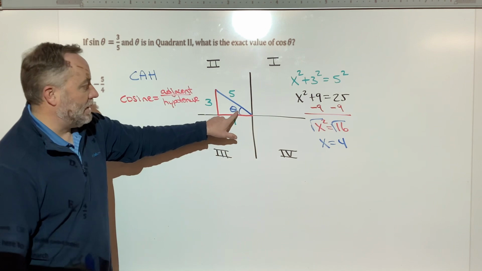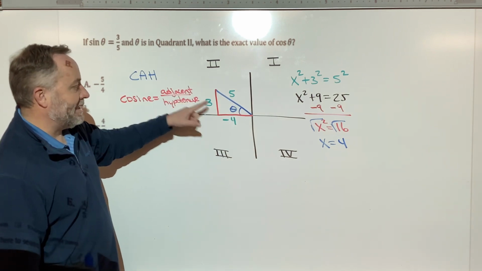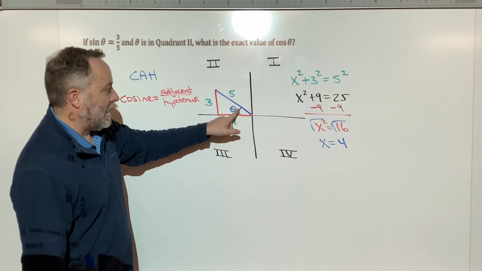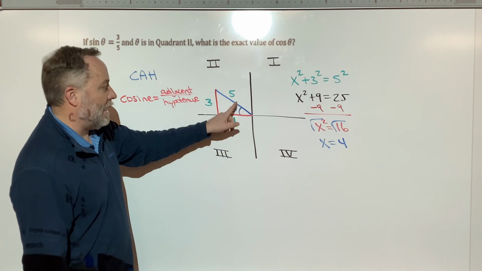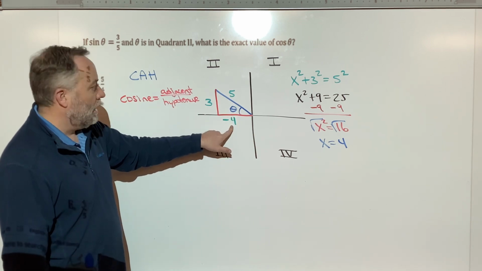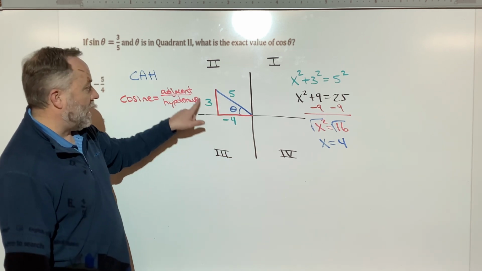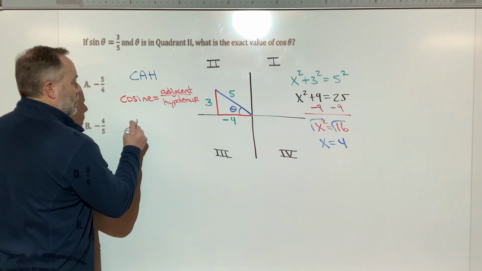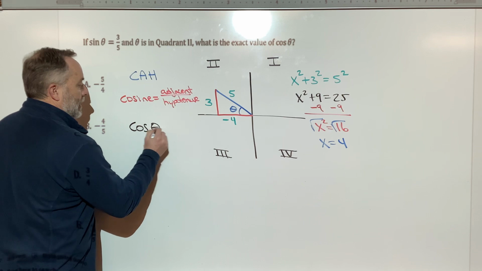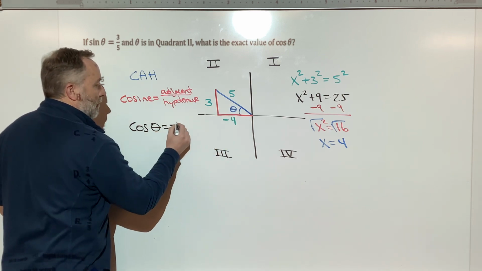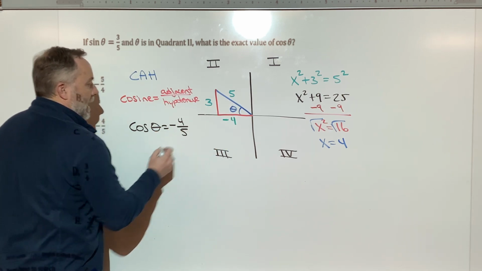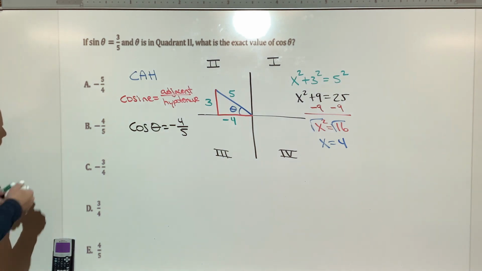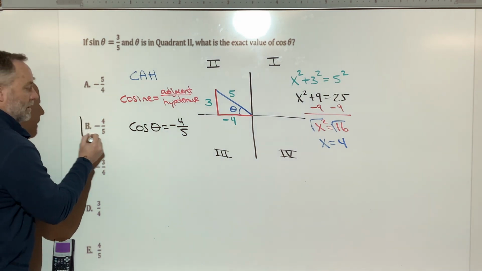All right, so here's theta. The adjacent side means next to, and so the side that's next to theta that isn't the hypotenuse is this -4, and the hypotenuse is 5. So adjacent is -4, hypotenuse is 5. So cosine of theta is equal to -4 over 5, or -4/5, and we can find that in selection B.